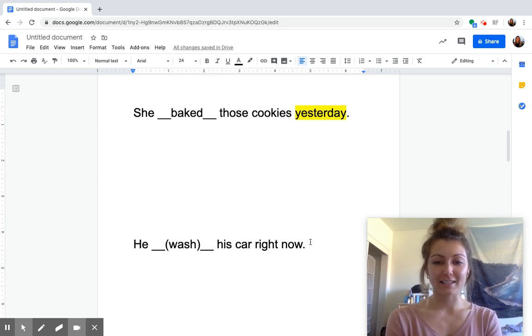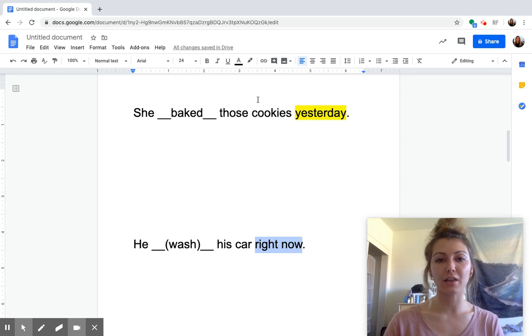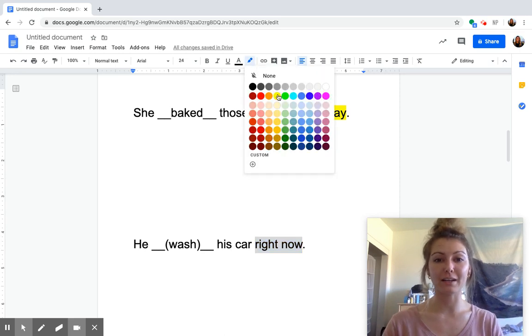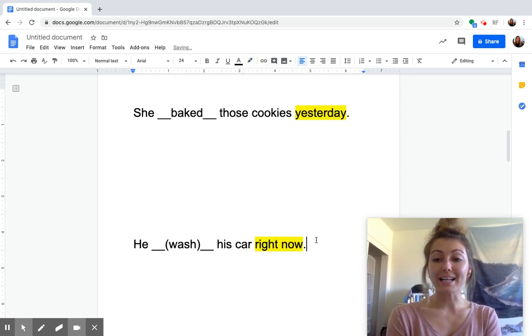This sentence says, he, some form of the verb wash, his car right now. So he's doing it right now. What's our context clue here that's helping us figure out what tense we should put our verb in? It's actually two words. It's right now, or you could just say the word now. It's happening right now. That tells us that this needs to be put in present tense.